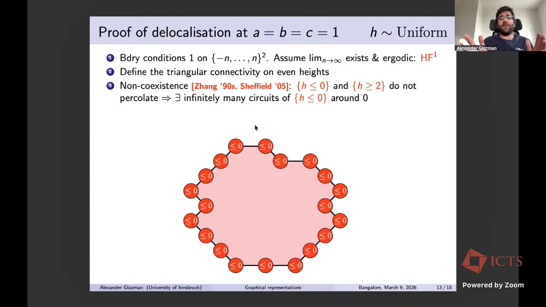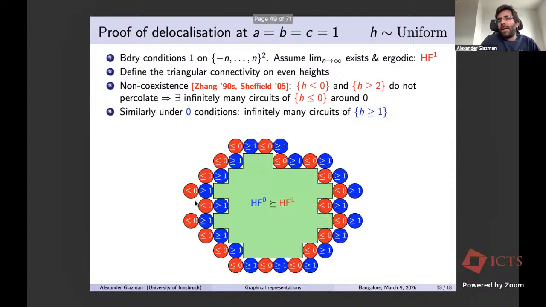But if they both percolate, then you have two infinite clusters in the model and its complement, and that is ruled out by the non-coexistence. So none of them percolates. But if none percolates, it means that the infinite cluster of heights at least 2 is blocked by circuits of height at most 0. Well, there must be infinitely many circuits of height at most 0.